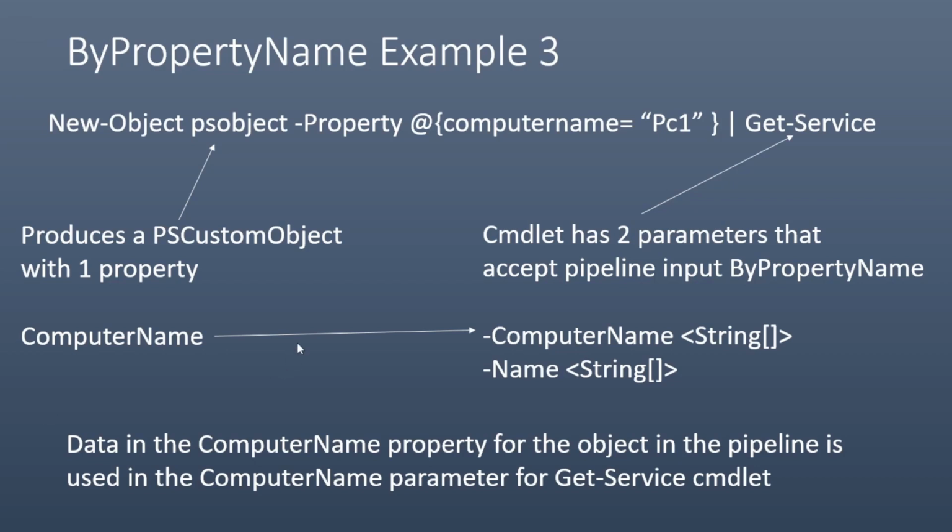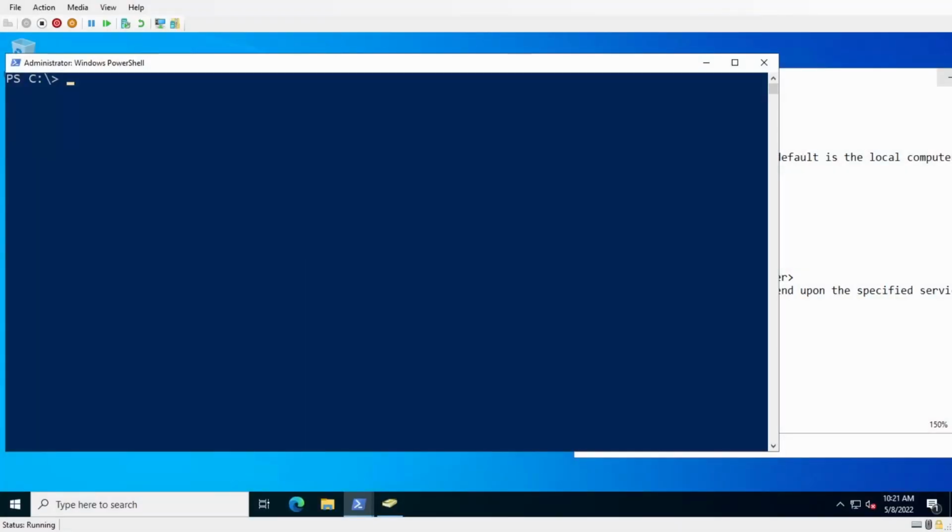Okay, so let's switch over to the lab environment. And looking at this third example here, let's go ahead and do New-Object. PSObject is the type of it, and -Property.